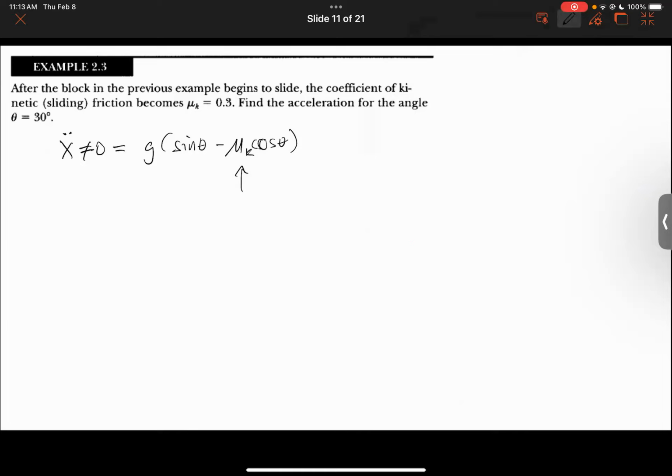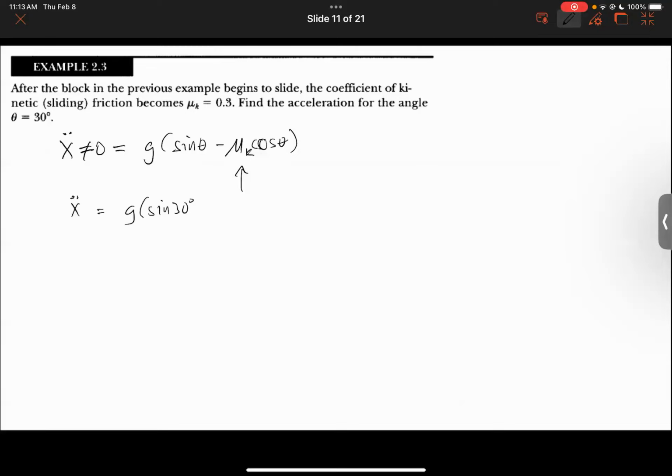So this is now your expression for the acceleration. And yung tinatanong dito is find the acceleration for the angle at 30 degrees. So straightforward na yan: g times sine of 30 degrees minus 0.3 times cosine of 30 degrees.